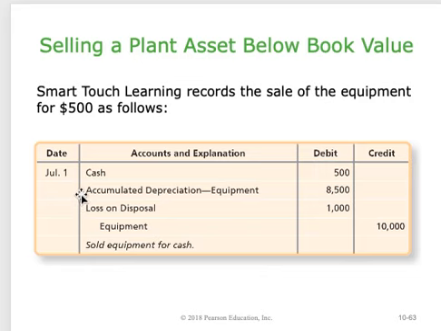You debit accumulated depreciation, and if I was writing this on the board, I would leave that third row blank, and I would credit equipment for $10,000 and let my students tell me, do I need a debit or credit to make this journal entry balance out? And I need to debit, so that means that I had a loss on the disposal of that asset.